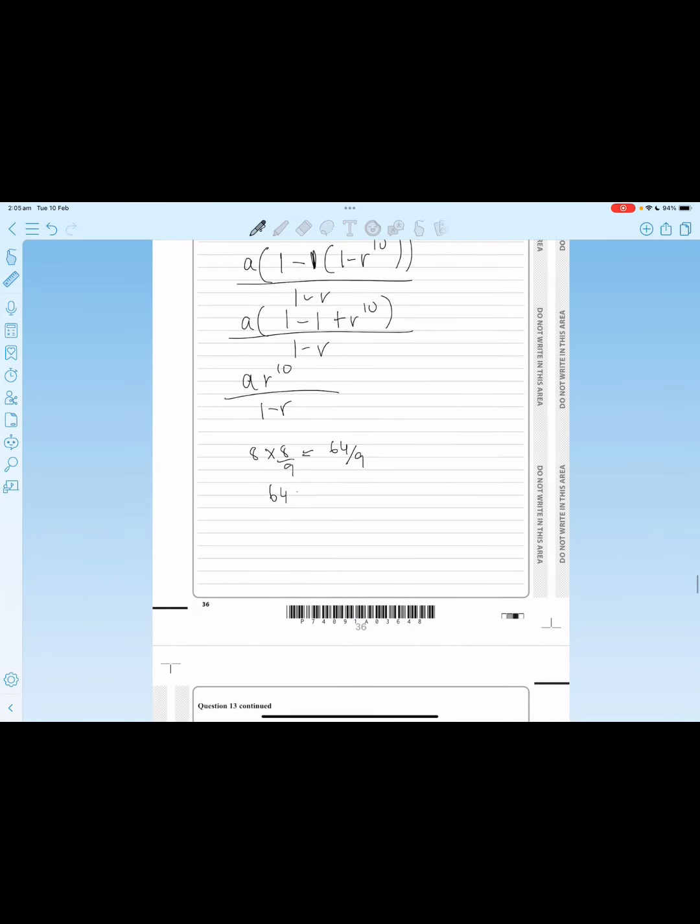So therefore, I would just do 64 over 9 times 0.344 to the power of 10 divided by 1 minus 0.344. And my final answer would be 0.0025, or in standard form, if I want to write it, it would be 2.5 times 10 to the minus 4. That's my answer for question number 13.